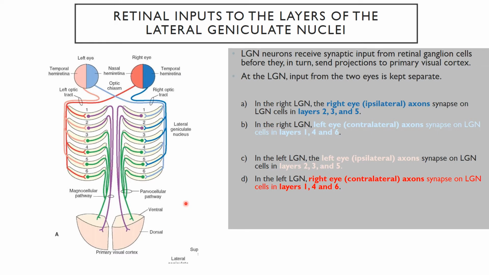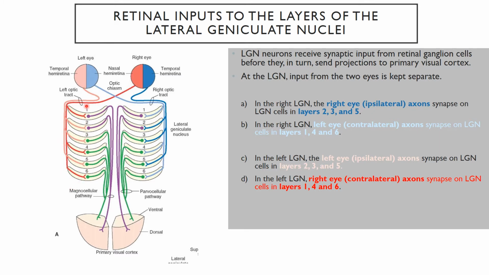Okay. So to go over this once more, we have the visual system pathway, the visual field going to one side of the brain from the left eye and the right eye, ipsilateral and contralateral, but they're going to separate layers of the LGN.